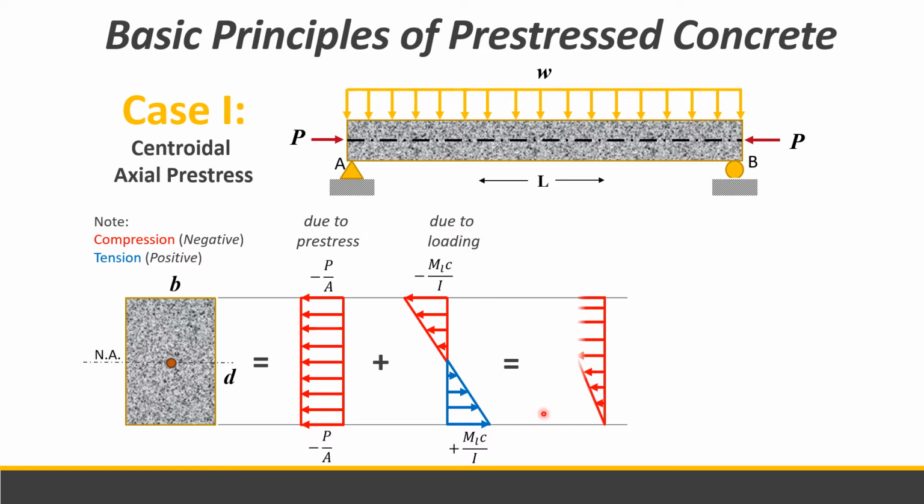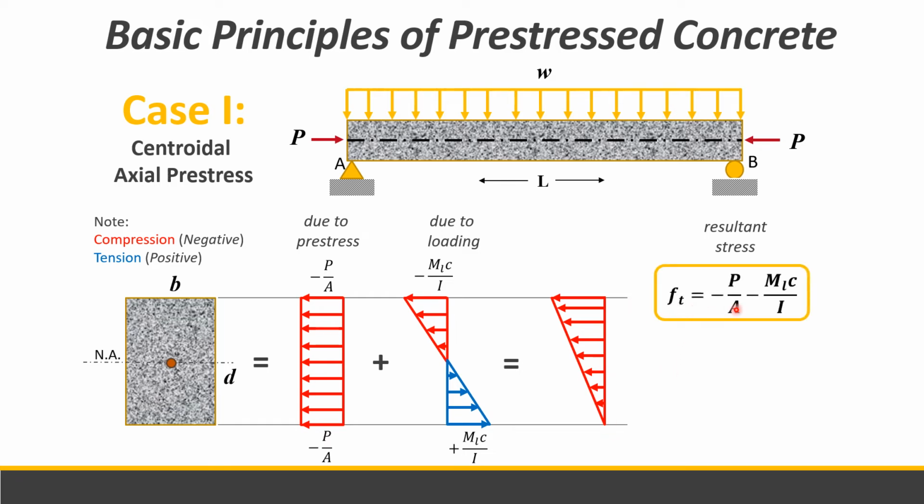When you add these two, you get a resultant stress that is compressive. That is the goal of pre-stressing: the total or resultant stress induced in a beam or section is all compressive. So the tensile stresses are eliminated, or at least the minimum is 0.